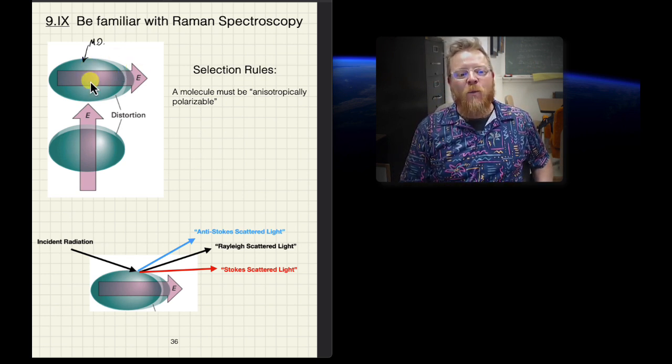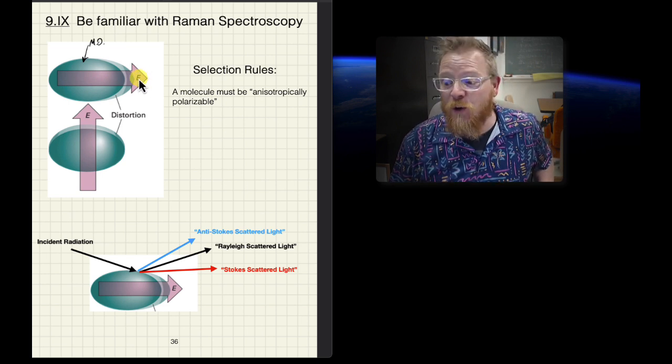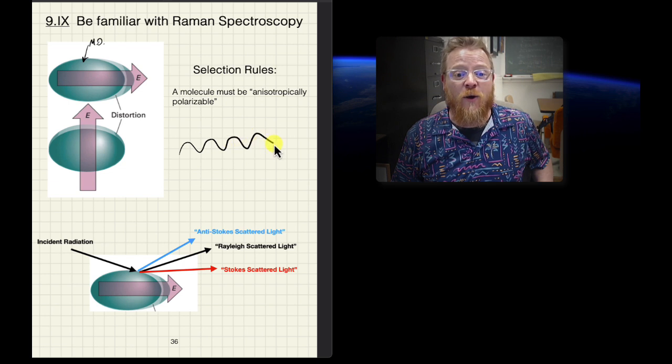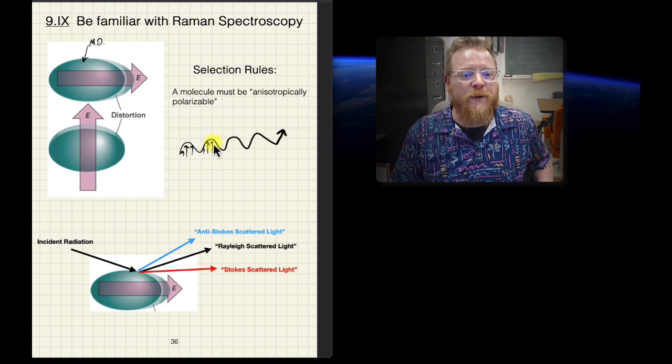And you might be asking, what is this electric field? Well, it's light. Recall, light is an oscillating electromagnetic wave, given by all of these various dipole moments.